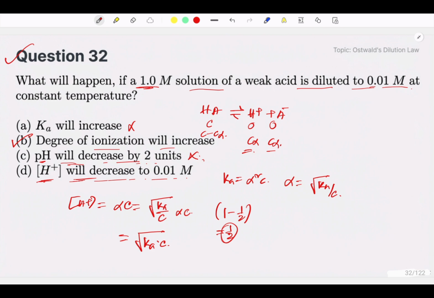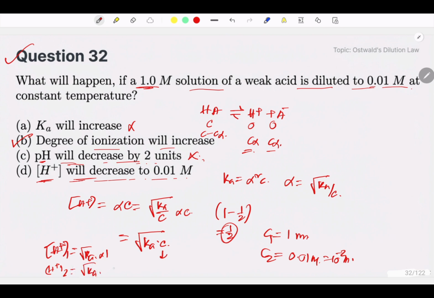Now the thing is that if the initial concentration C1 is 1 molar, C2 is 0.01 molar, just 10 to the power minus 2 molar. Then the concentration of H plus first will be root over K into 1, and in the second case the H plus concentration will be root over K into 10 to the power minus 2.